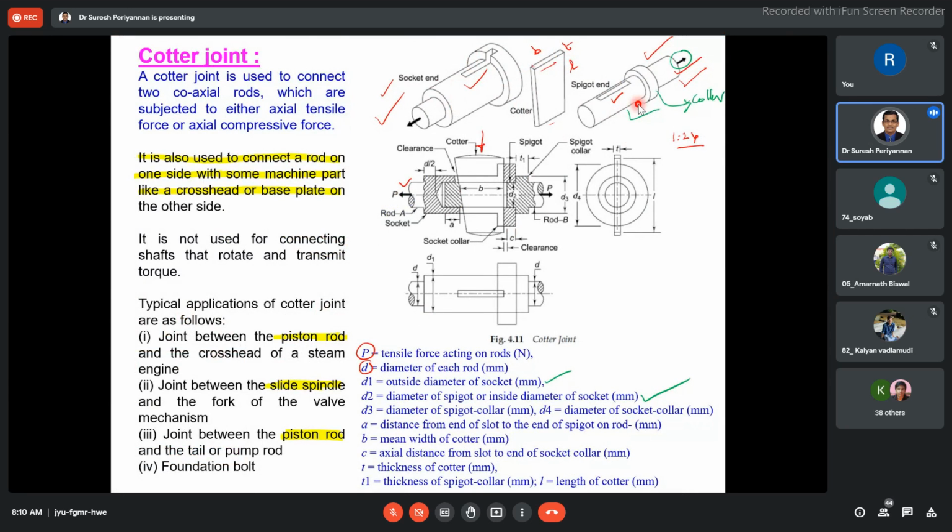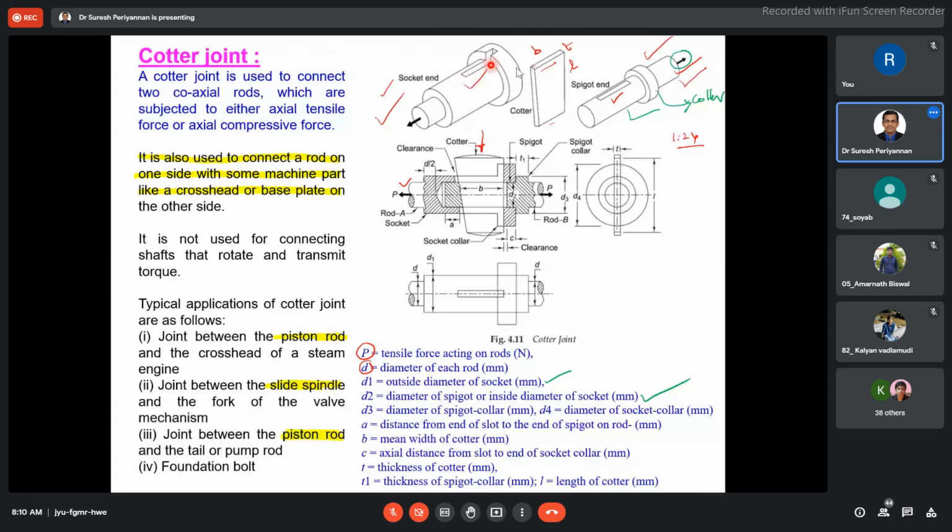The cotter is inserted through the narrow slot region. The slot is provided in the socket as well as the spigot. When inserting, the slots should coincide and be properly oriented.